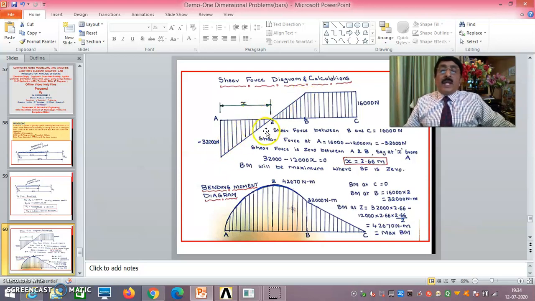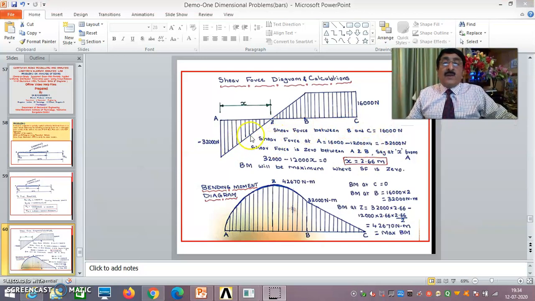Now one very important thing you observe here is that the shear force diagram is 0 at this point Z. Wherever the shear force is 0, the bending moment will be maximum.